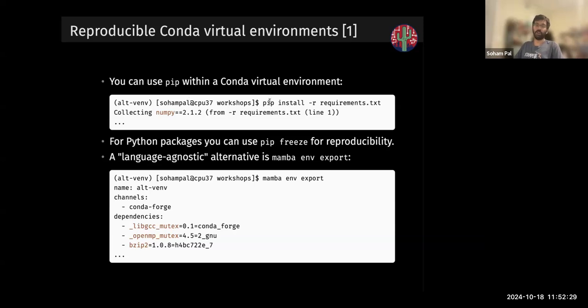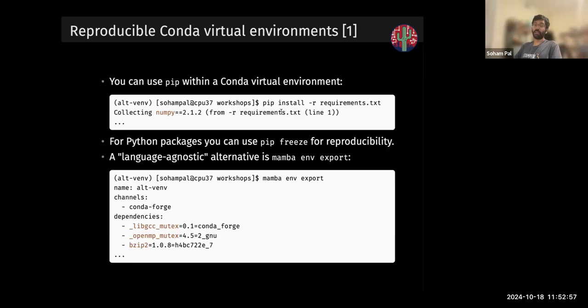If I just do pip install -r and the file name, which I had made earlier when I was doing the Python example, you can see it'll install the same version of NumPy in this virtual environment.